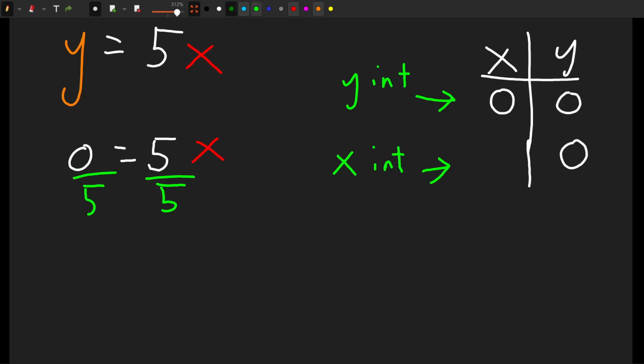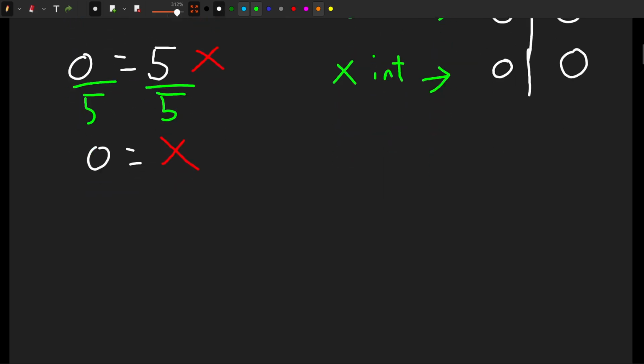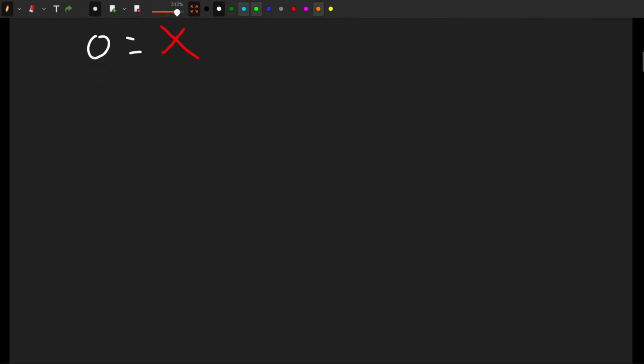And I get 0 is equal to x. And so in this case, my x-intercept and my y-intercept are the same, 0, 0. And so that means if I were to graph this problem, my x and y-intercept is at the origin, 0, 0.